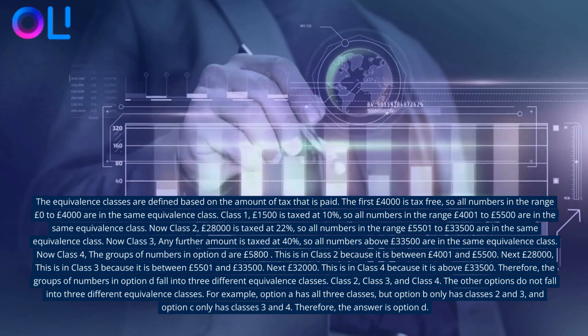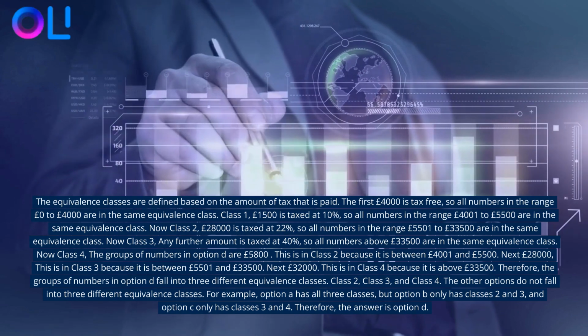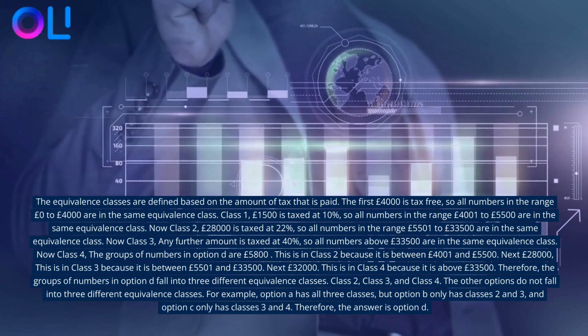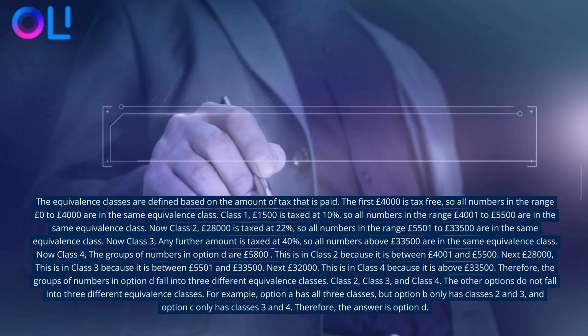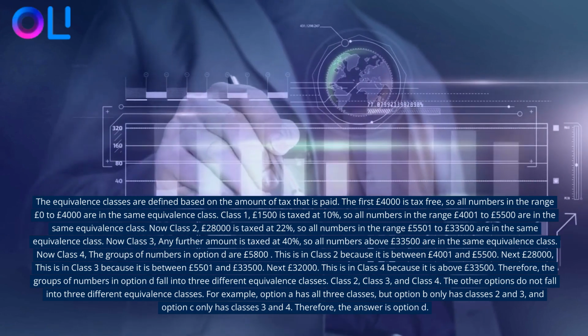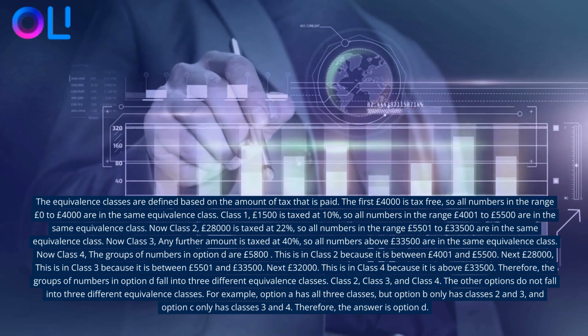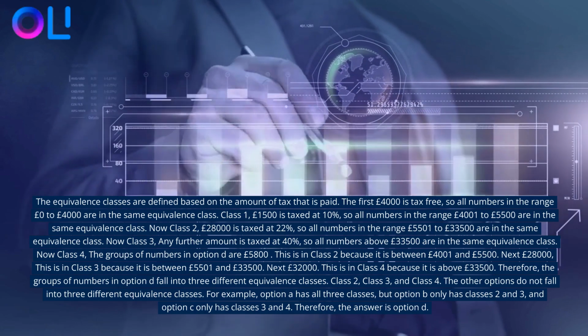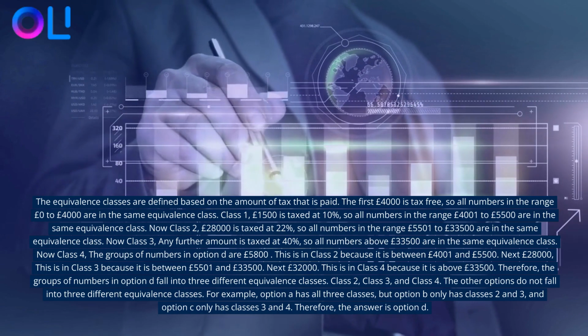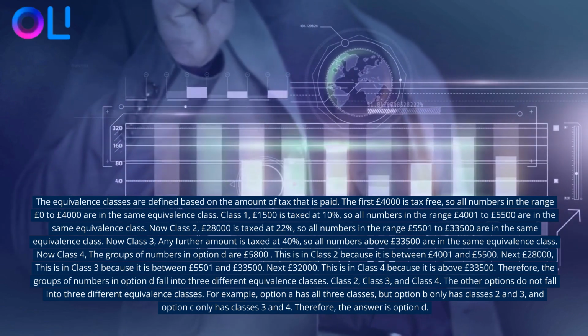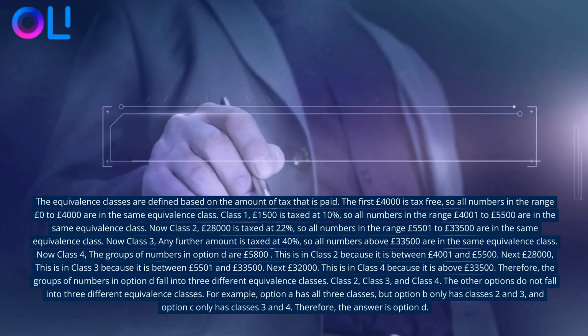Therefore, the groups of numbers in Option D fall into 3 different equivalence classes: Class 2, Class 3, and Class 4. The other options do not fall into 3 different equivalence classes. For example, Option A has all 3 classes, but Option B only has classes 2 and 3, and Option C only has classes 3 and 4. Therefore, the answer is Option D.